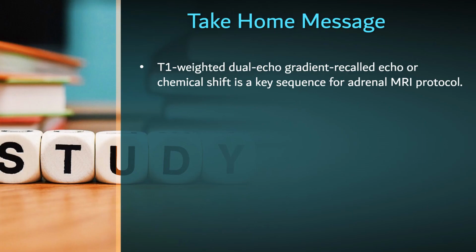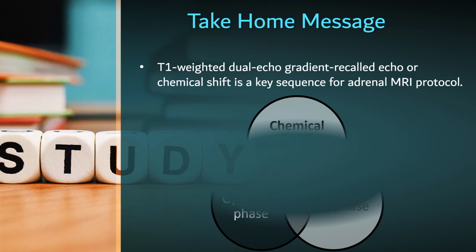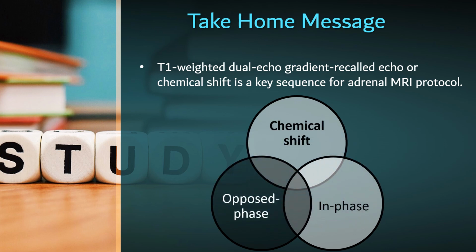Finally, take home message. Remember that chemical shift sequence, or what we call T1 weighted dual echo gradient, is a key sequence for the adrenal MRI protocol. This sequence is composed mainly of 2 components: the opposed phase and in phase sequences.